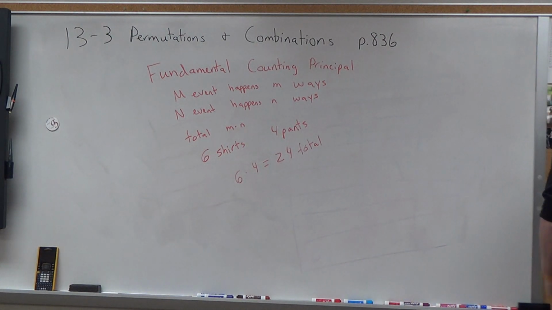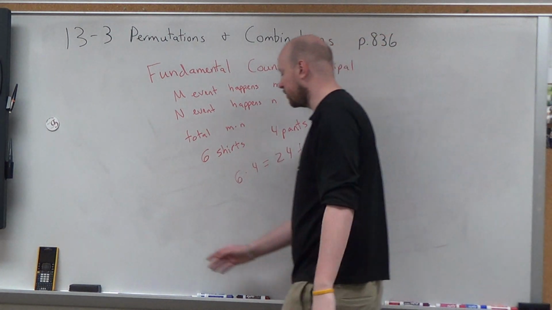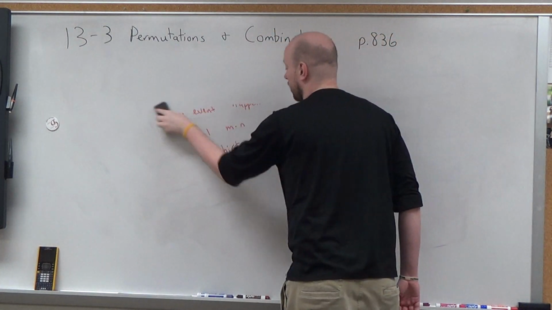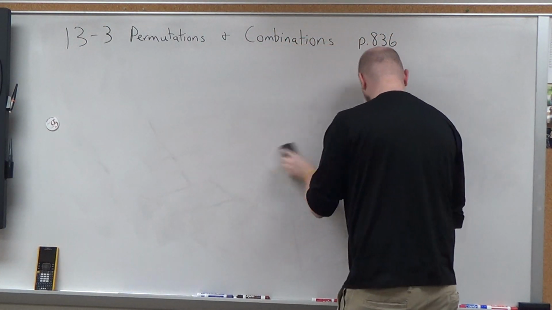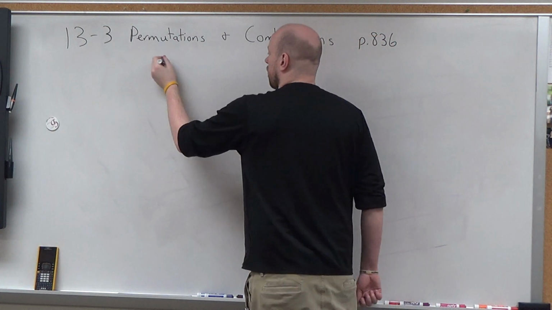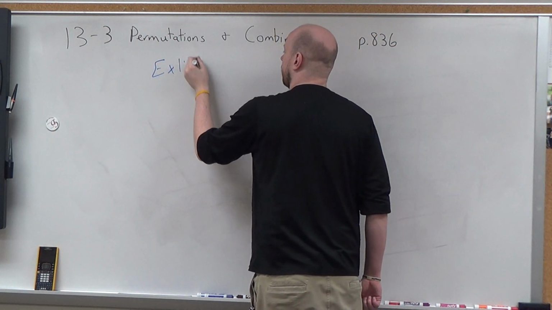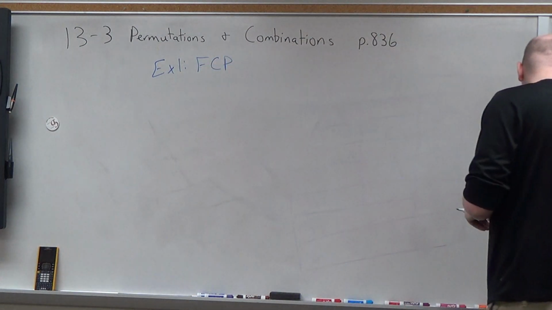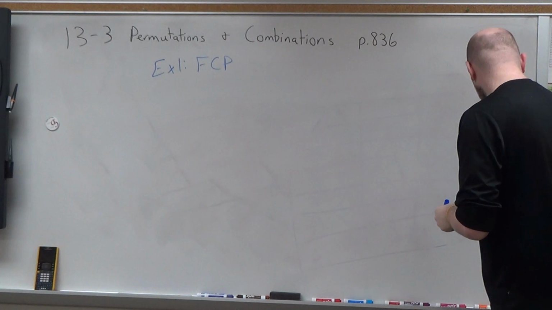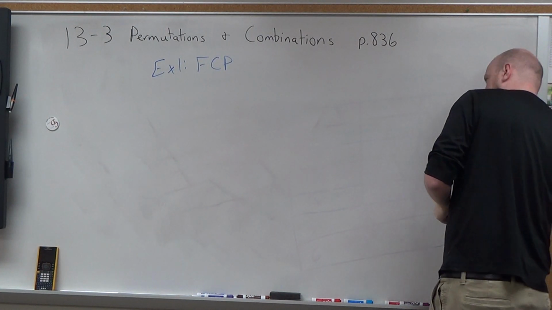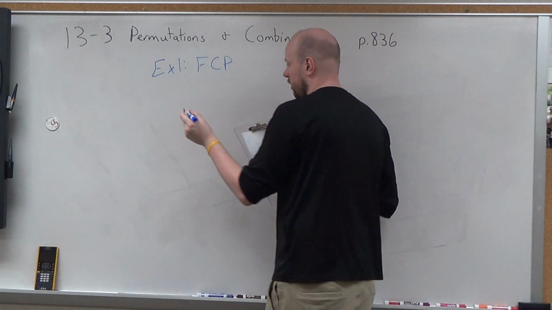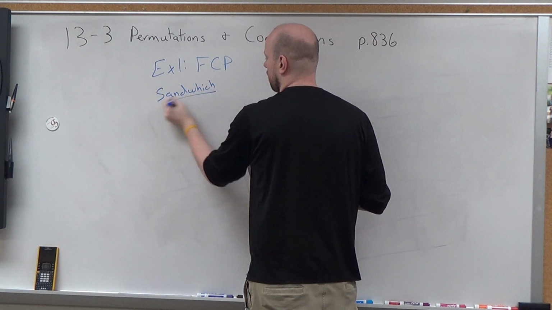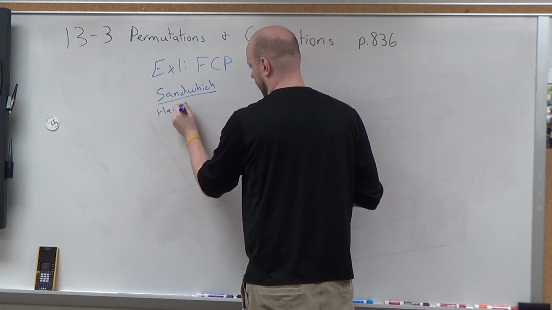So, moving on, let's go to an example. Using the fundamental counting principle, so example 1. Let's say we go to a sandwich shop and we can get different types of meals. So for our sandwiches, we could get ham and turkey.